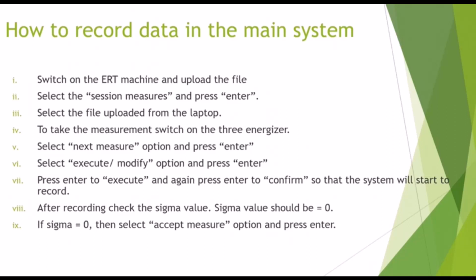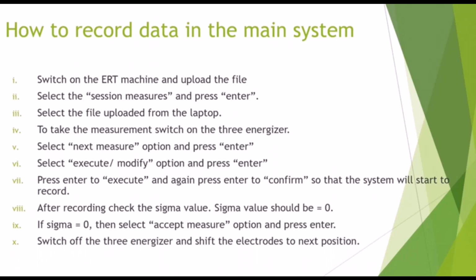If we get a sigma value greater than 0, then it indicates that there is some error in our setup. After accepting the measure, the data for the first measure will be recorded in the main system.